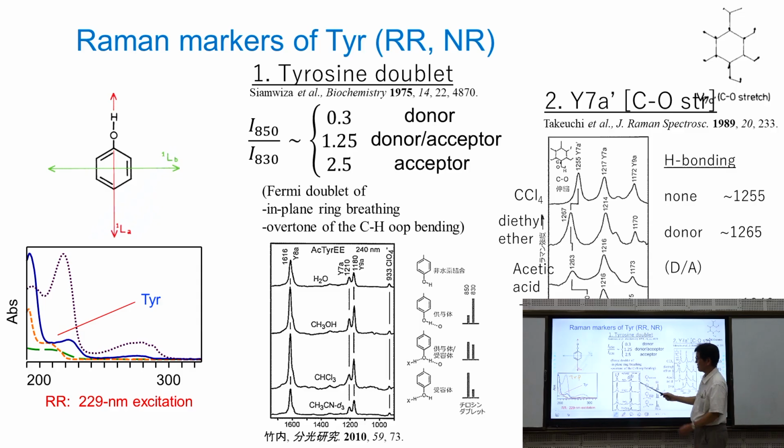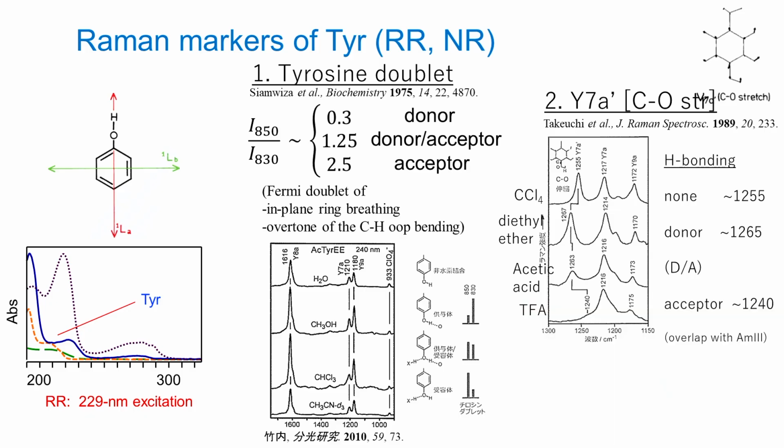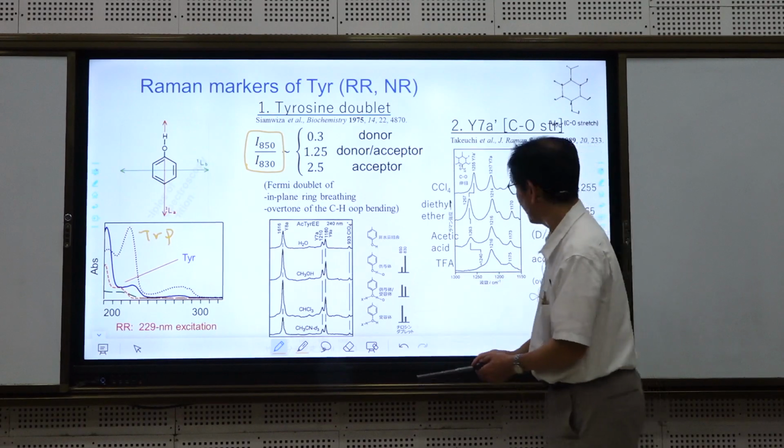But a few bands are available for environmental analysis of the tyrosine side chain. One important feature is intensity ratio of this doublet.